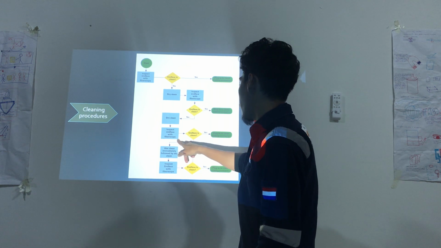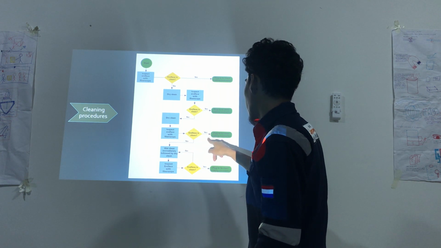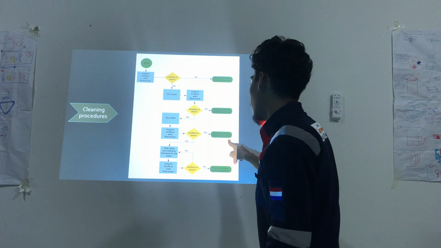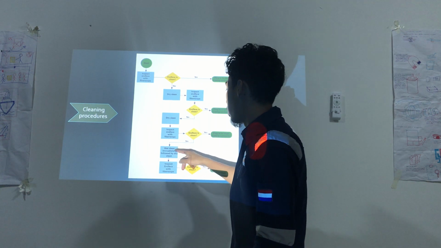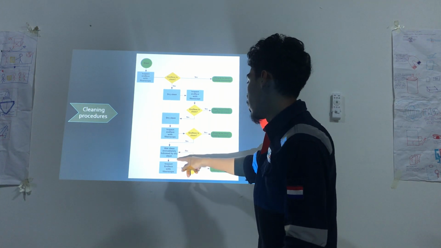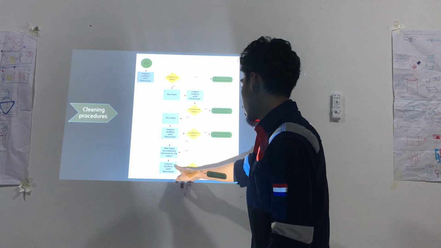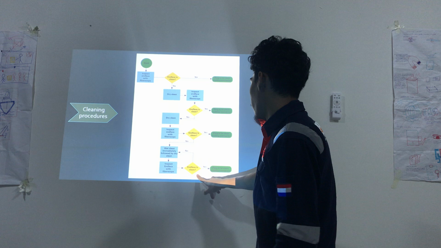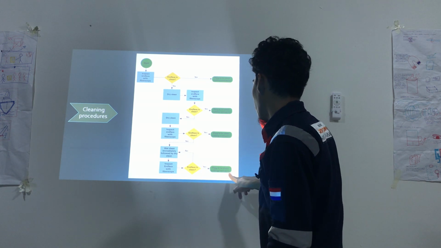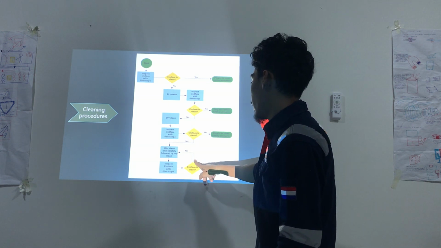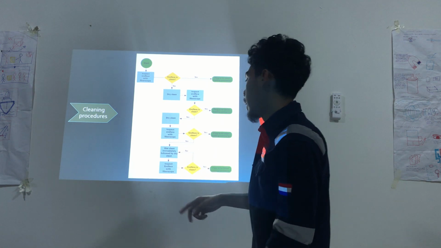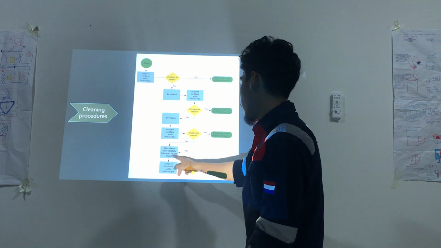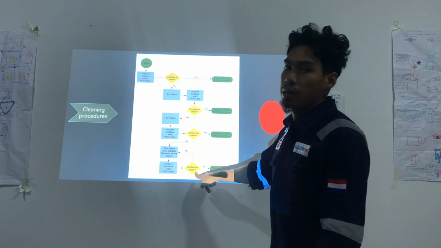If still not clean, we need to wet clean immediately followed by dry clean. Then we inspect again with the fiber scope, and if clean, we can plug in. If not yet clean, we wet clean followed by dry clean until the end face is finally clean.